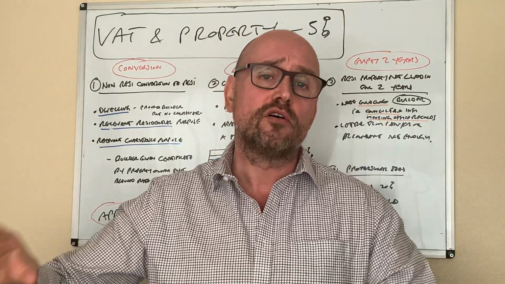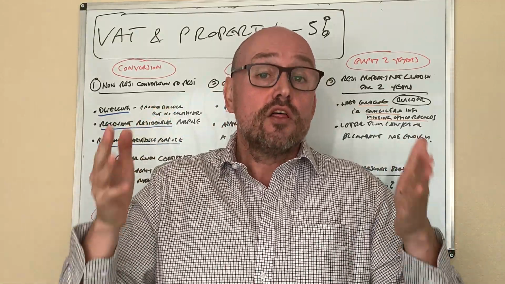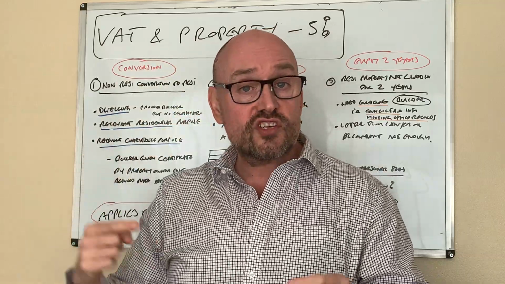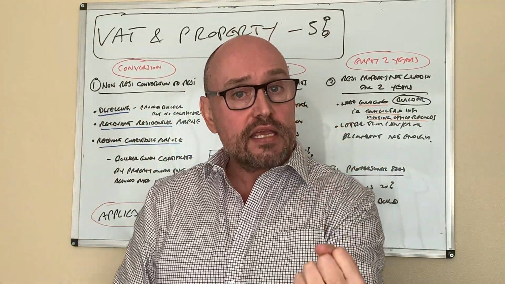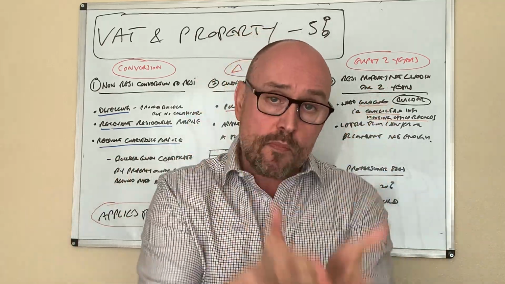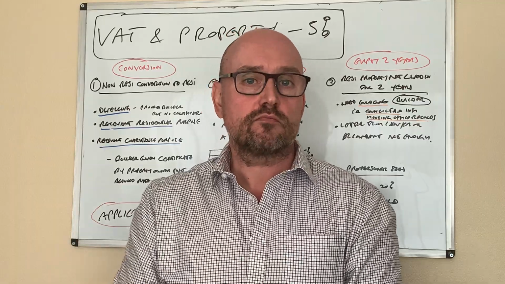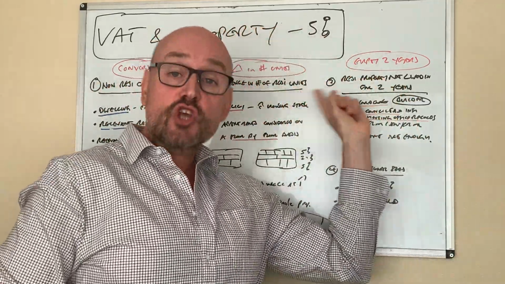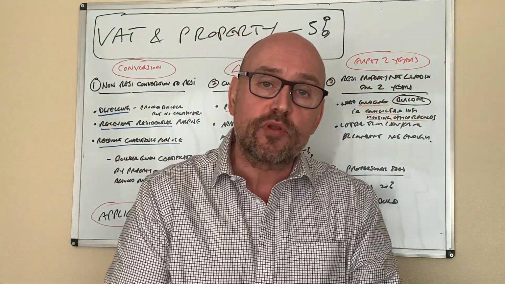But I've done a separate video on CIS and reverse charge. But essentially, these are the only 3 situations where 5% will apply on invoices from builders to developers. Conversion, change in the number of dwellings, number of units, and empty property for 2 years.